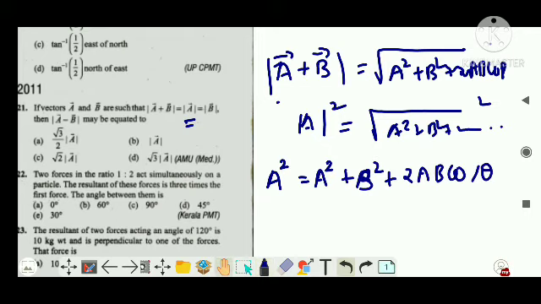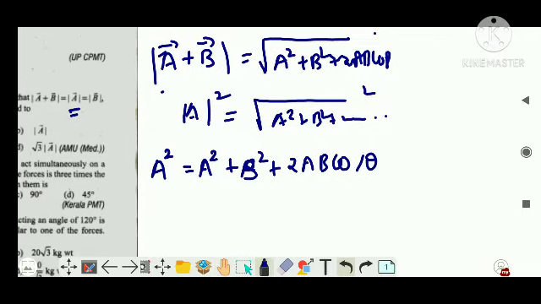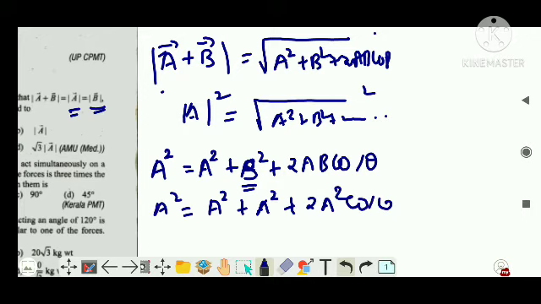Very simple. Okay, now here I can move this a squared section, right? Before that it is said that a vector is equal to b vector. So here b squared, I can be writing it as a squared plus a squared plus 2a squared cos theta, and here there is another a squared, right?